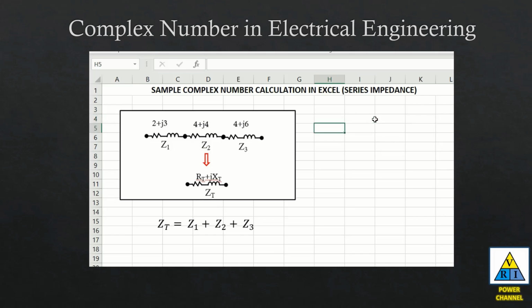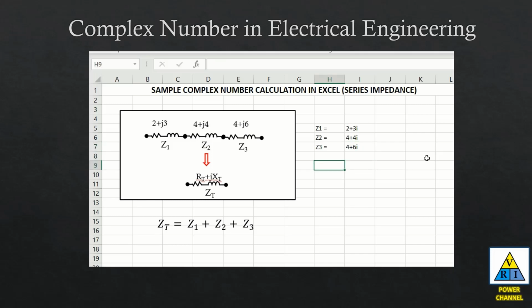We then write Z1, Z2, and Z3. In Microsoft Excel, we must write the complex number in the form 2 plus 3i. Notice that instead of 2 plus j3, we write 2 plus 3i. Then for Z2, we have 4 plus 4i. For Z3, we have 4 plus 6i.